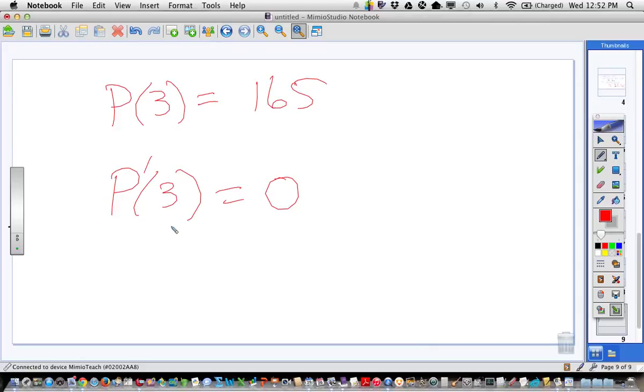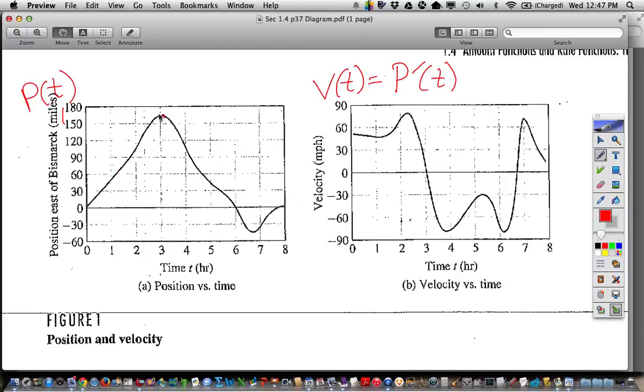P prime is the rate of change. If our rate of change is 0, that means we're stopped. So we're 165 miles east, and we're stopped. And I think if you go back to those graphs, that is exactly what this shows. Right here, P of 3 is 165, and right here, P prime of 3 is 0.